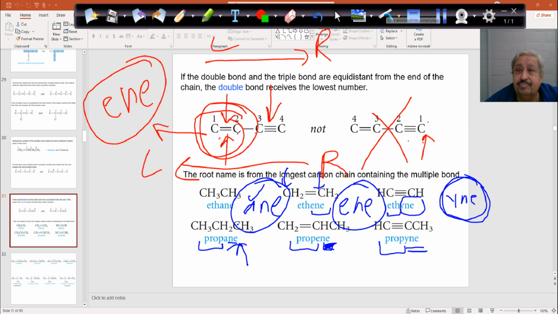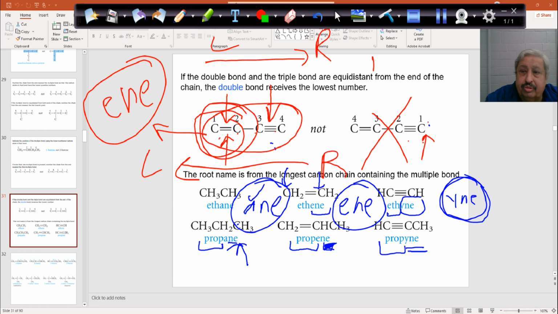Okay, guys. So what would this be called? The one at the top in the red? This one? 4 carbons. Yeah. Okay, that will be 4, correct?